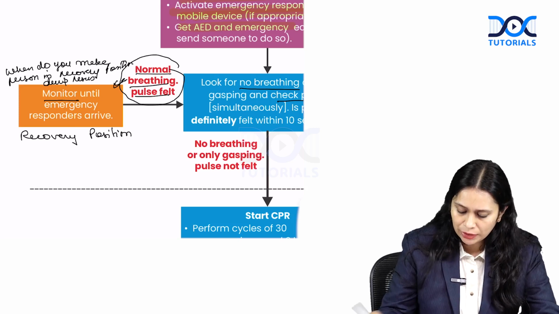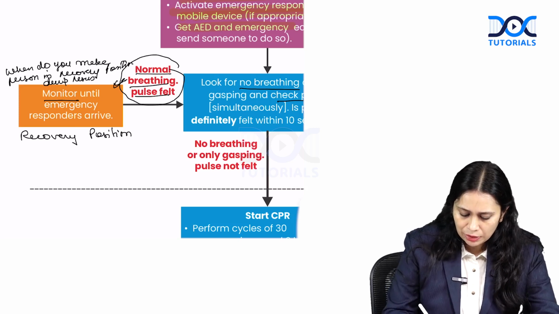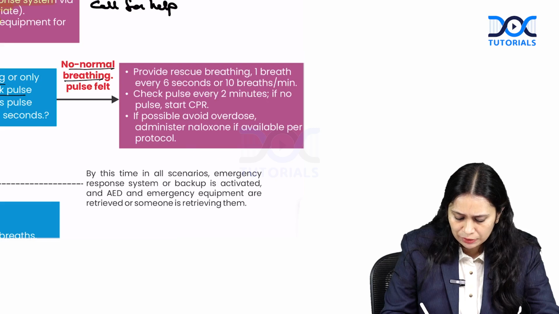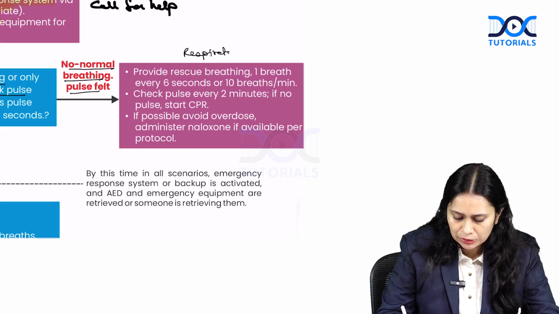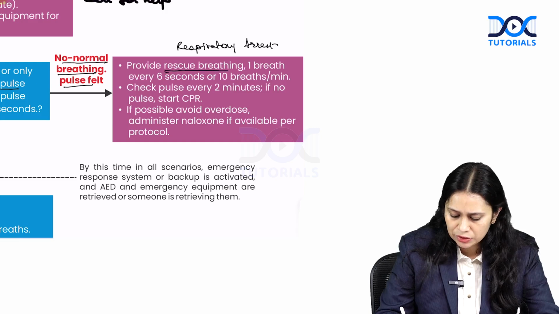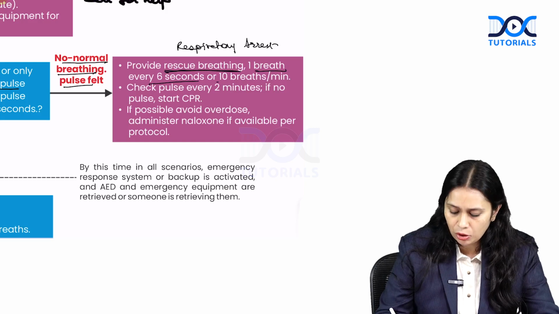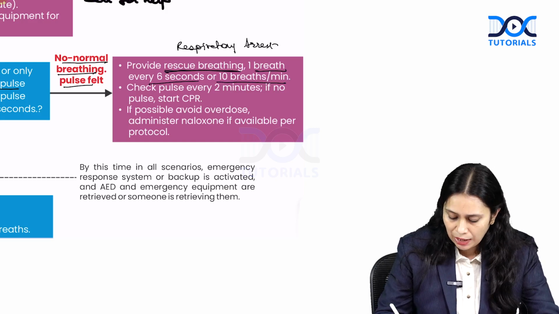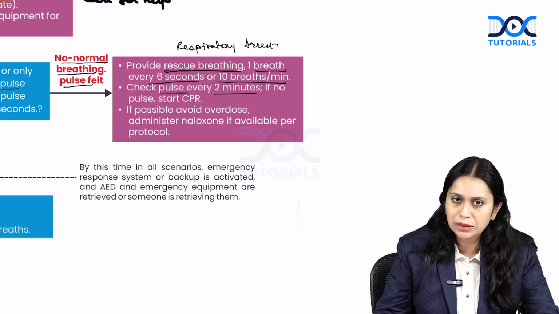Got my point? Okay. So the next scenario is that there is no normal breathing but a pulse is felt. This is what I said is respiratory arrest. When someone is in respiratory arrest, we provide rescue breathing: 1 breath every 6 seconds, or 10 breaths in a minute. And we check for the pulse every 2 minutes, right?